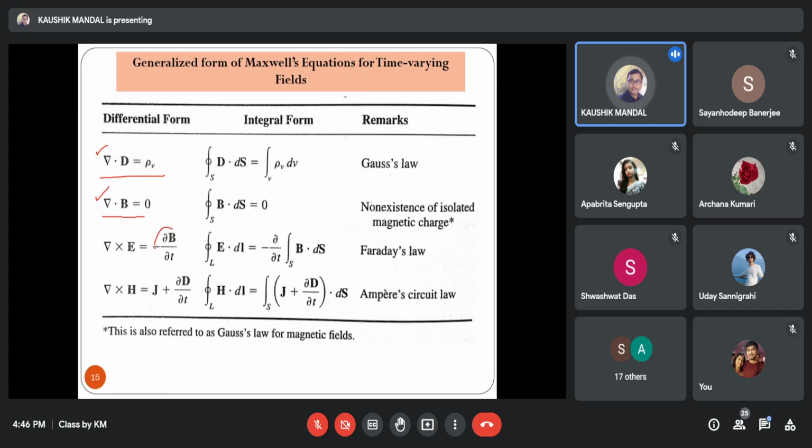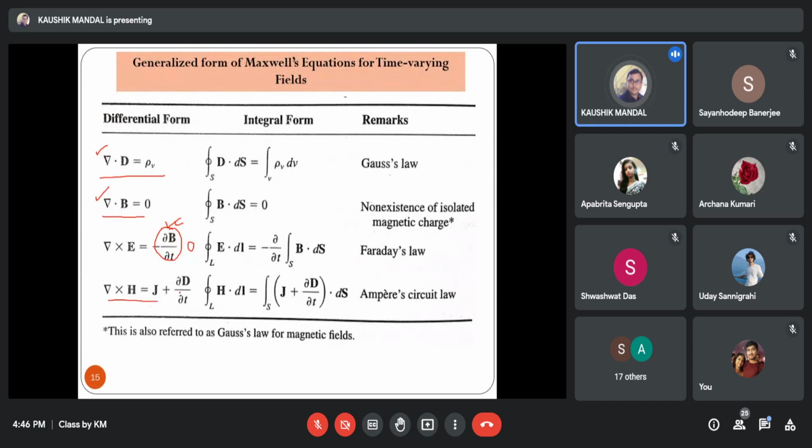Curl E, for the static field, is 0. But once we consider Faraday's law for the time varying magnetic field, it becomes curl E equal to minus del B del T. Similarly, from the basic Ampere's law, we got curl H equal to J.